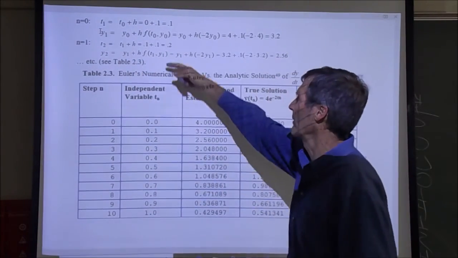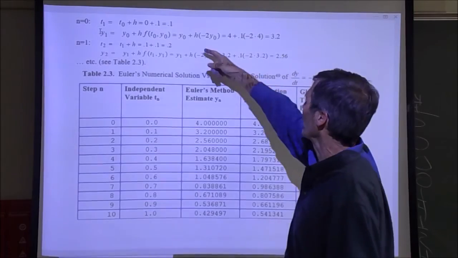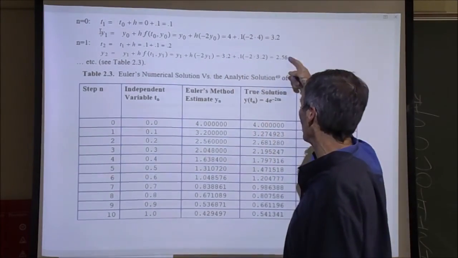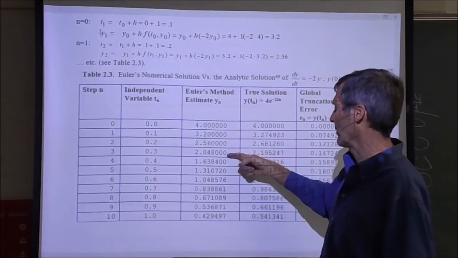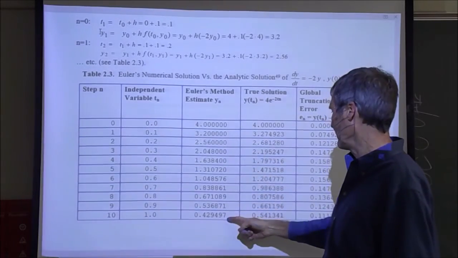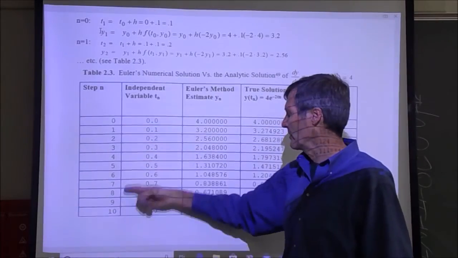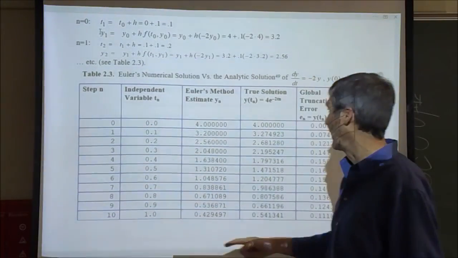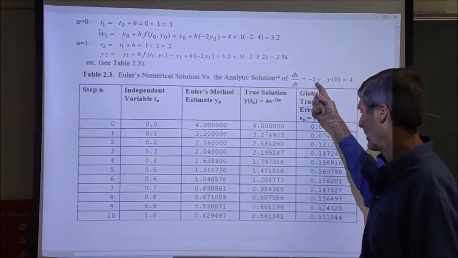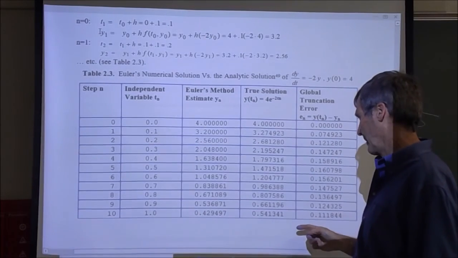And keep doing that. You are the machine. And you calculate these values, 3.2, 2.56, and then you get this one, and this one, and this one. These are the values you get integrating in 10 steps from t equals 0 to t equals 1 for this function, dy/dt equals minus 2y.